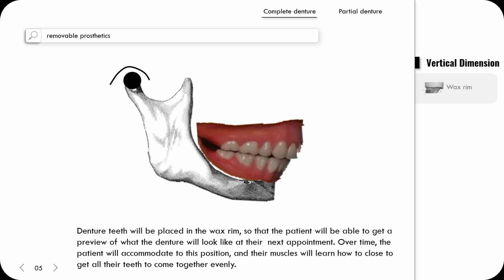And then once they wear their denture for a while, their muscles accommodate and they learn how to close so they can consistently, repeatedly come into tooth-to-tooth contact. So it's predictable, okay? Because remember, we're starting out with a patient that has no teeth at all, and we're trying to build them a set of teeth. Once they have a set of teeth that they can use, then we can reestablish a MIP position with the denture teeth.